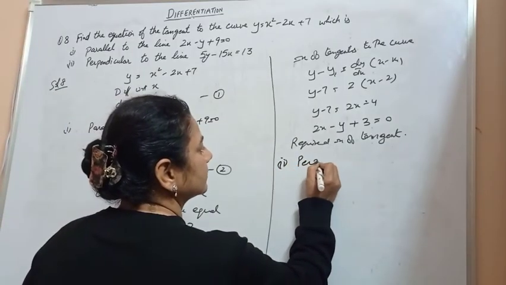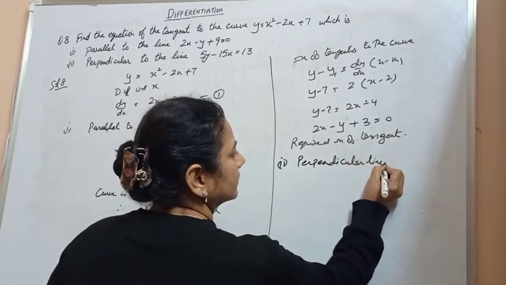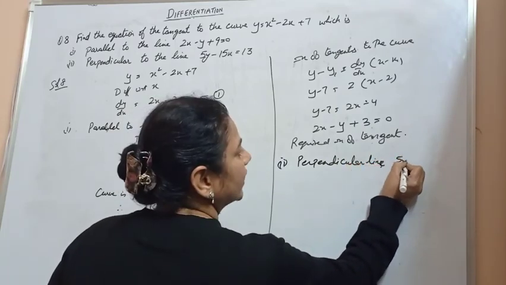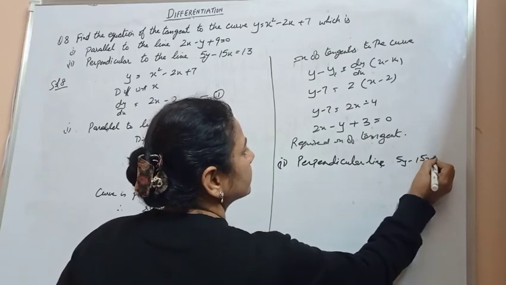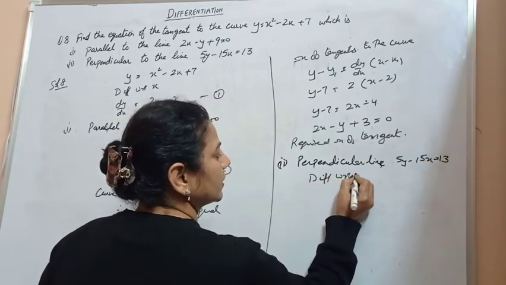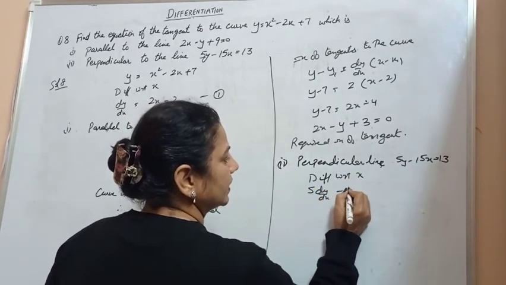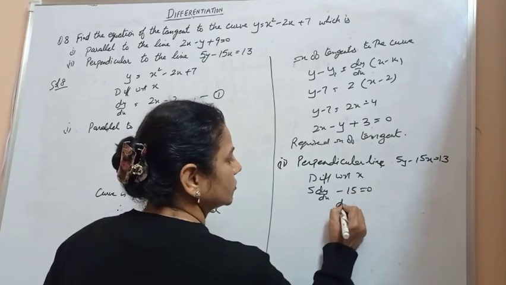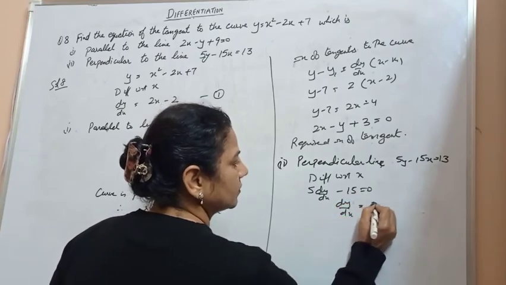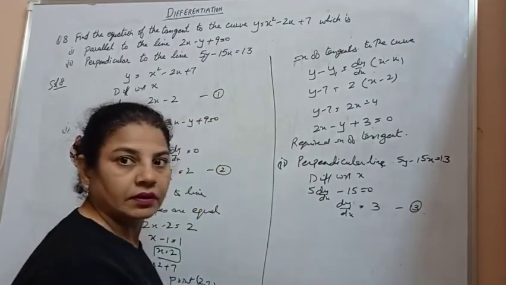The perpendicular line is 5y − 15x = 13. So differentiate with respect to x. I get 5 dy/dx − 15 = 0. So dy/dx = 3. This is my equation number 3.